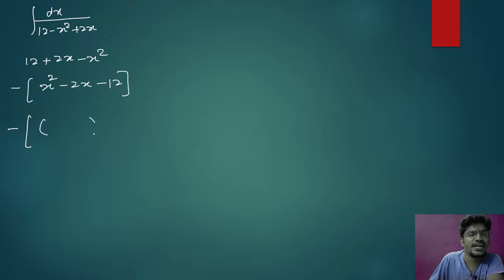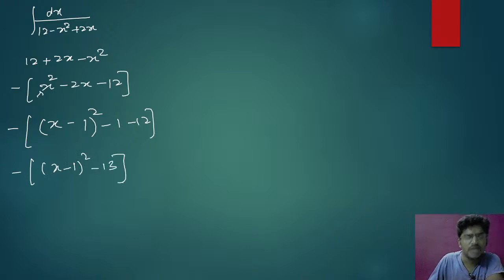Minus of, right bracket, put square. First term is x, write it. Negative sign, write it. Now x coefficient has to be divided by 2. Divide this by 2, that will be 1. Write negative sign. 1 square is 1. So outside you have minus 12, write it. So over. So minus of x minus 1 whole square minus 13.